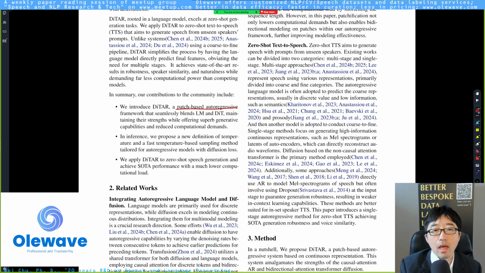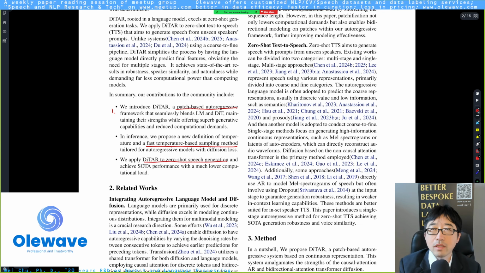Secondly, they proposed a fast temperature-based sampling method. Frankly speaking, I don't think this is very new because they borrowed the idea from the image. But the first one is definitely new. And third, they apply this to zero-shot speech generation.